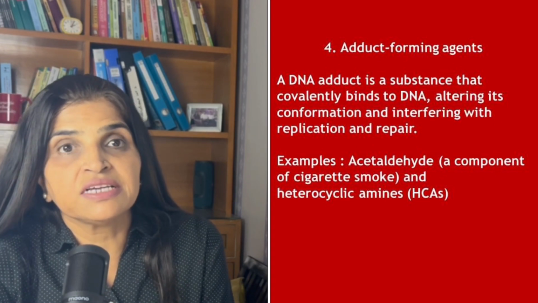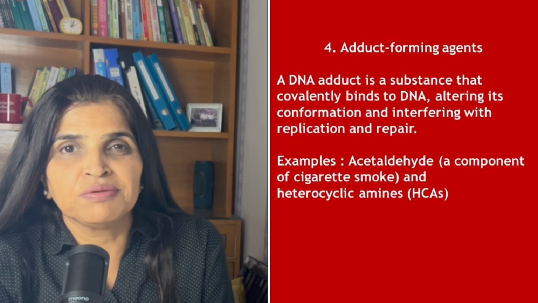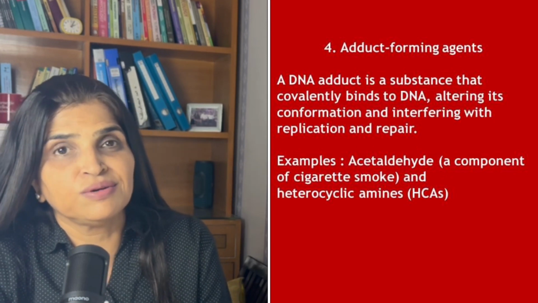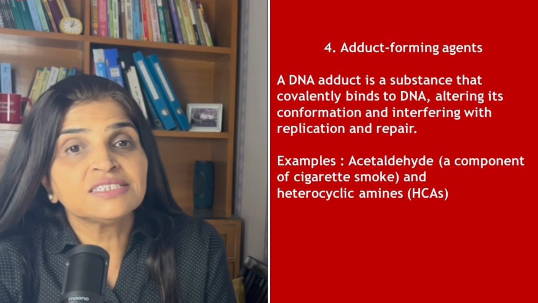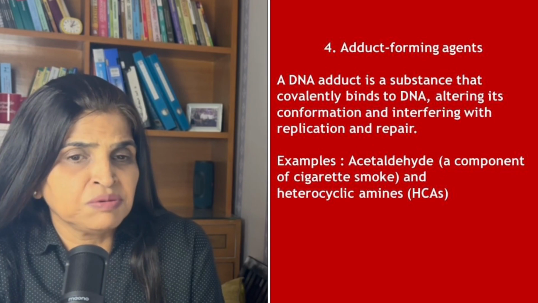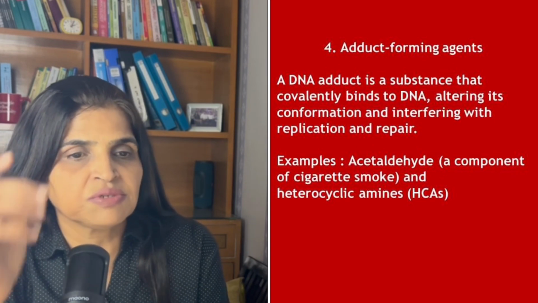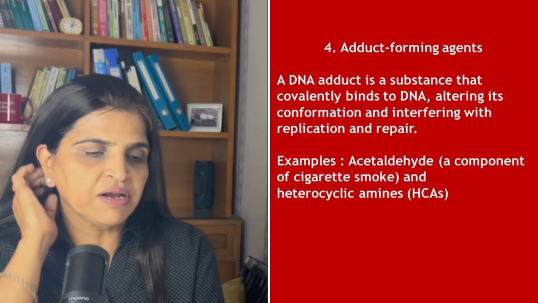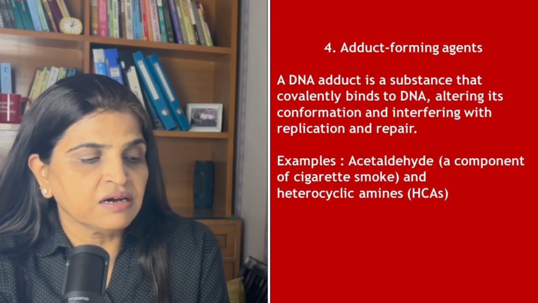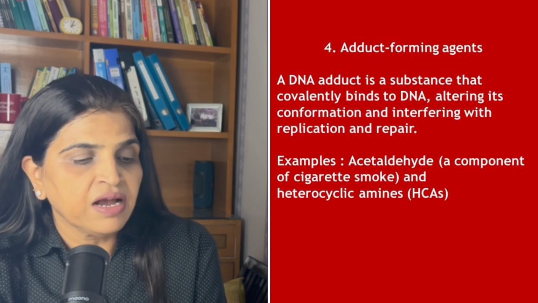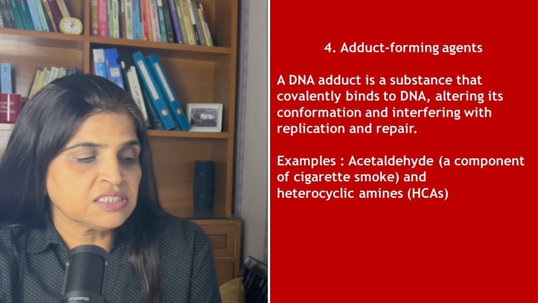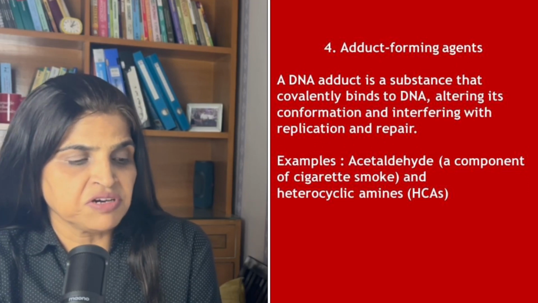So the DNA adduct will interfere with everything happening in DNA. And the examples, I said acetaldehyde. I hope you remember acetaldehyde is a component in cigarette smoke, and that is how it causes cancer, because it interferes with DNA replication and repair. HCA is another example which I gave you, again a cancer causing chemical, and they are created during cooking of meats such as beef, chicken, and fish.